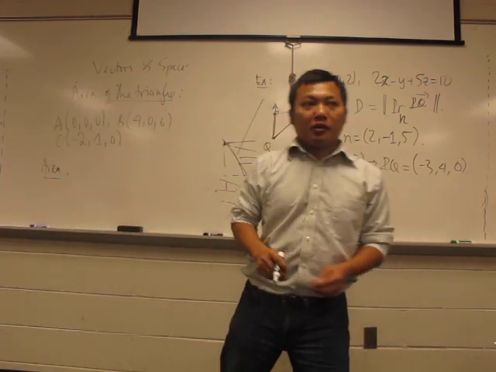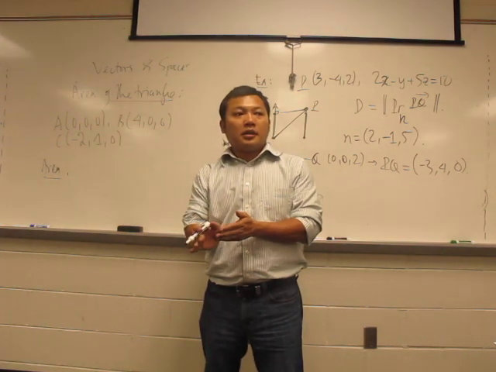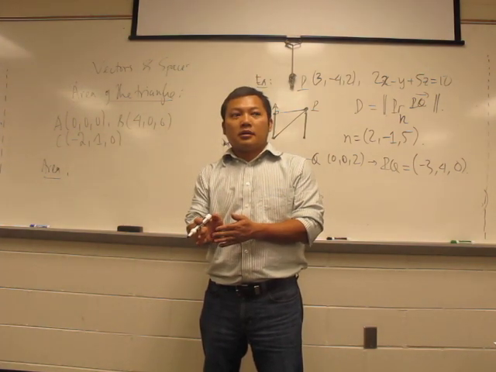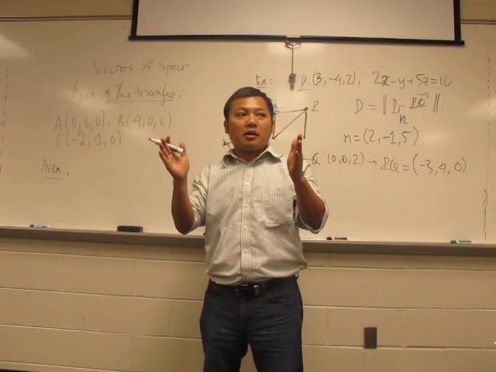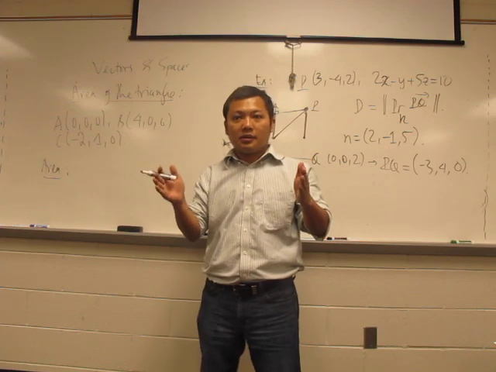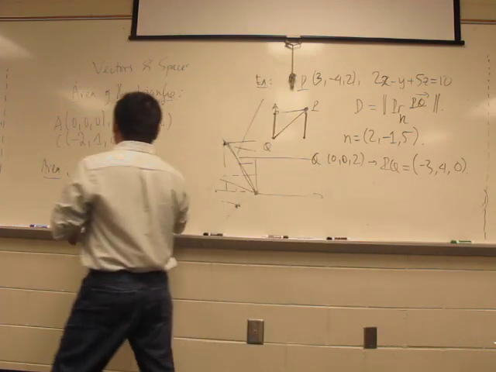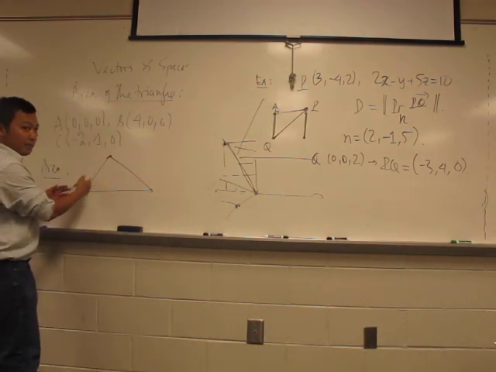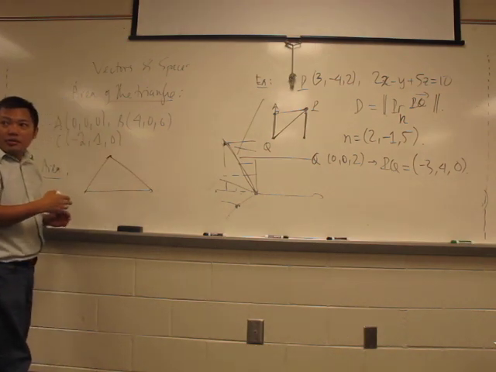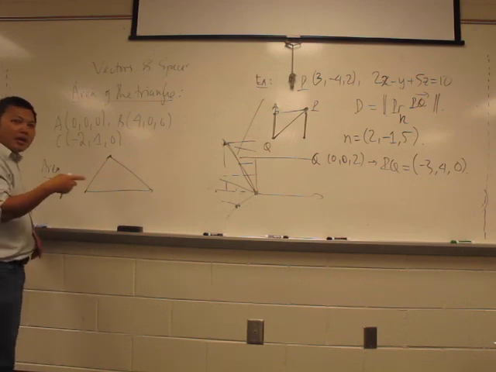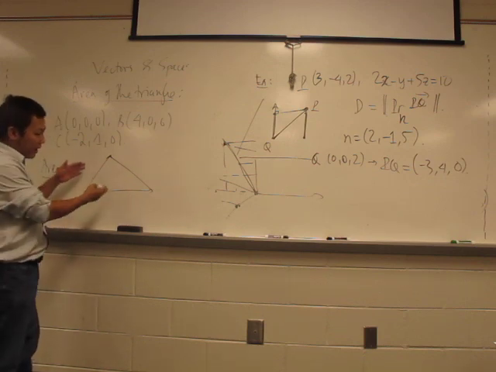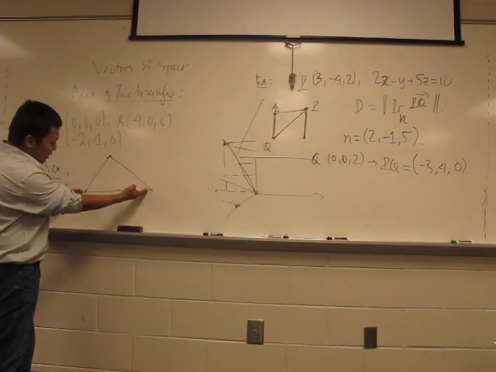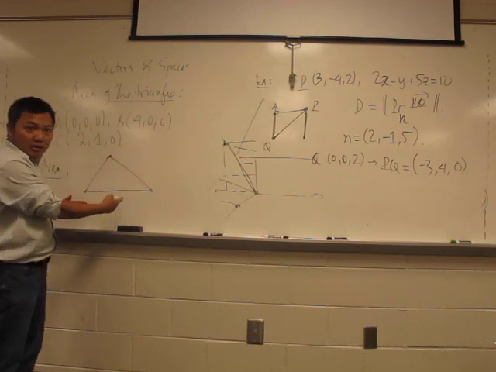Who remembers the formula? What's that? The cross product AB. So that is the norm of the cross product, right? You have 2 vectors in here, and you need to find the area of this triangle. This should not be the norm, but half of the norm, because the norm of the cross product between these two is the area of the parallelogram.